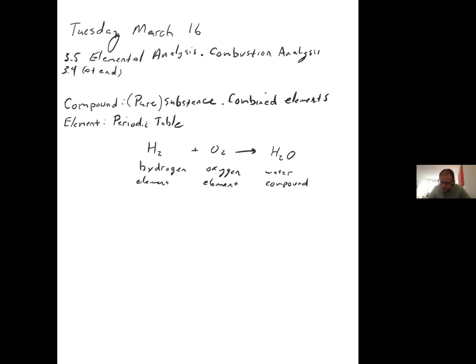So what we're going to do in this topic, in this discussion, is we're going to figure out what is the formula of a compound given percentages of each element in the compound.